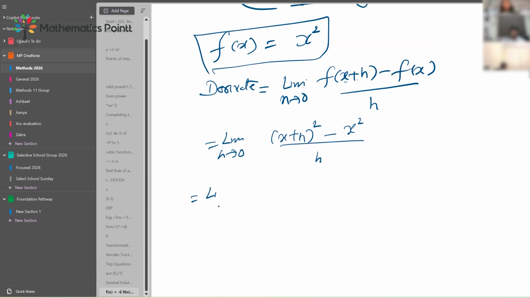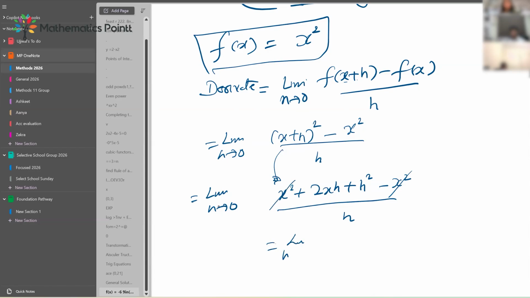So I get limit h approaching 0, x squared plus 2xh plus h squared, minus x squared, over h. (a plus b) whole squared is a squared plus 2ab plus b squared. That's what I've just done here, just in case. I can cancel x squared, and this becomes limit h approaching 0, (2xh plus h squared) over h.